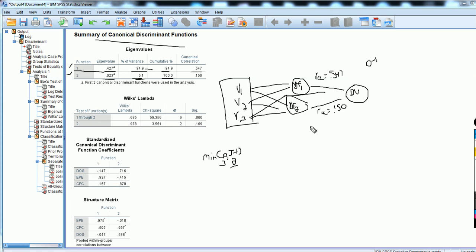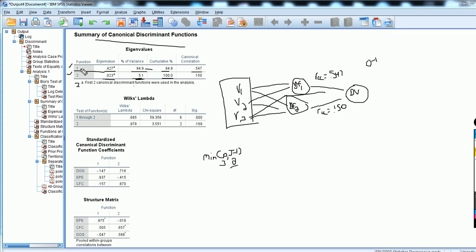So the next step in evaluating our model then is breaking down which of our discriminant functions are significantly related to the DV. Now keep in mind, as when we look at our percentage of variance accounted for, if we had function 3, we would have an even smaller amount of variance accounted for.